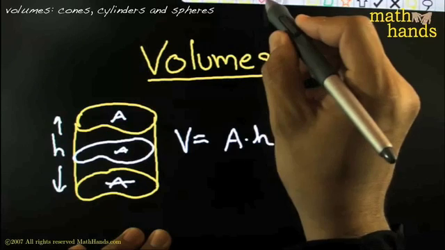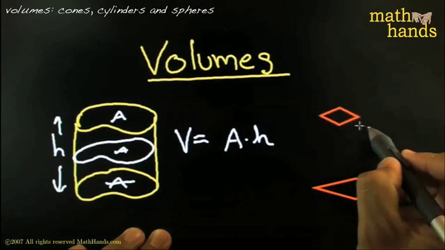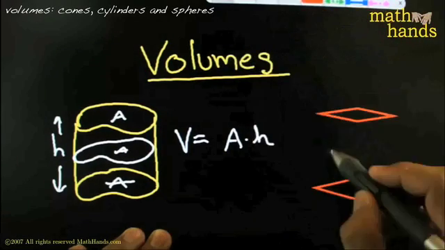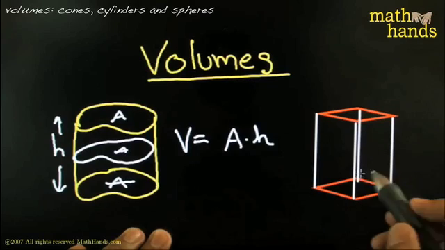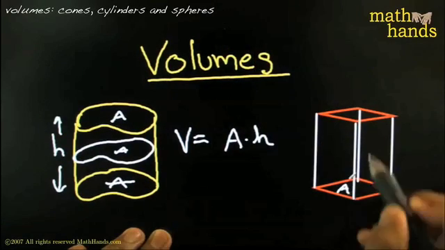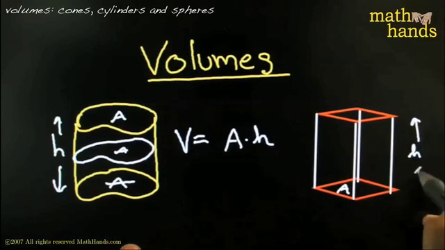Alright, so this principle stands fairly well for many different shapes. For example, suppose you had a square on the bottom, and so every cross section is in fact a square. Then again, the volume would be the area on the bottom. That would be this area, which is the same as the area for all the cross sections, times the height, where this is the height.